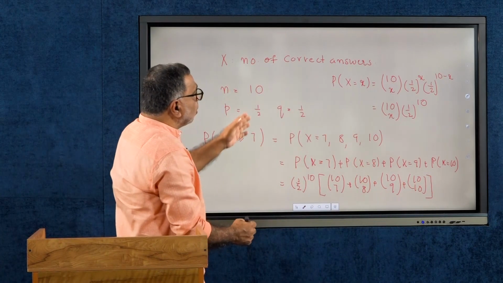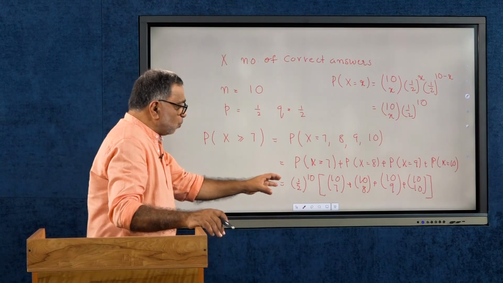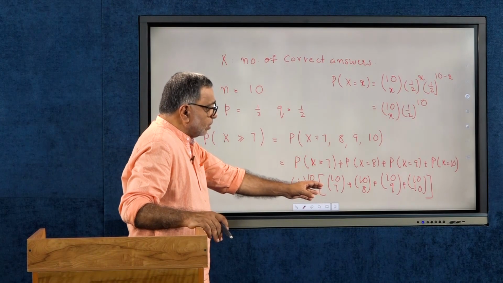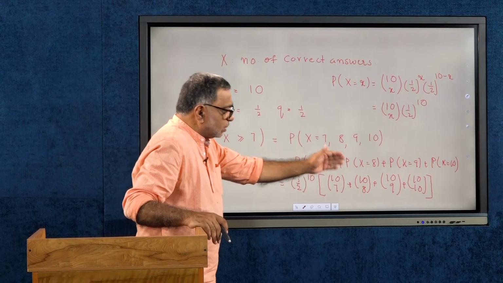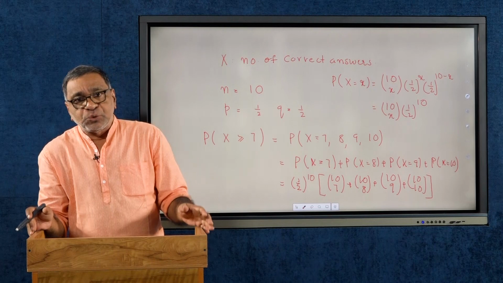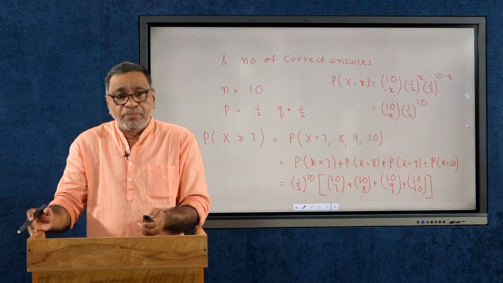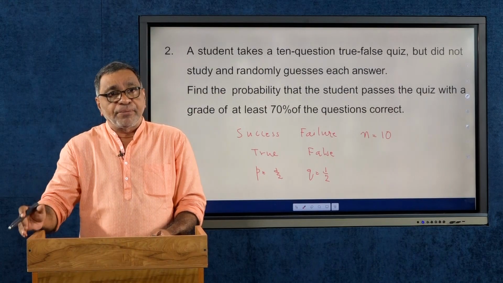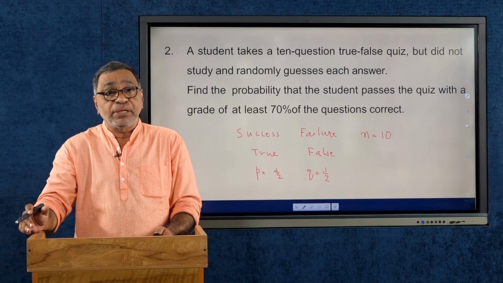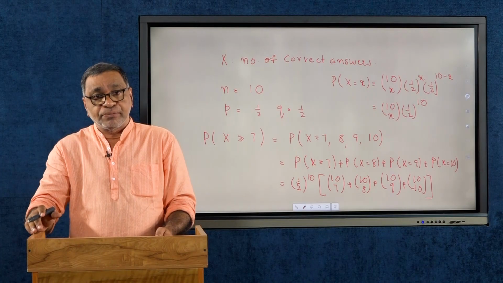So probability of X greater or equal to 7 is equal to 1 by 2 power 10 into this expression: 10 C7, 10 C8, 10 C9, 10 C10, which we can find. Substituting those values, this is the probability. So the probability that the student passes the quiz with a grade of at least 70% of the questions correct is given by this expression.